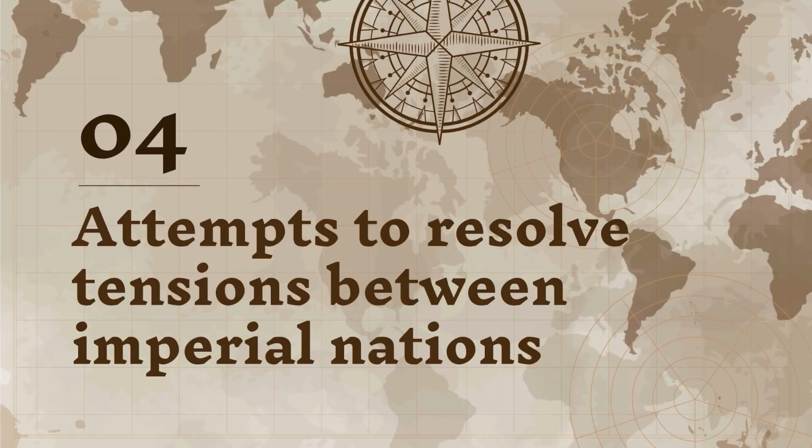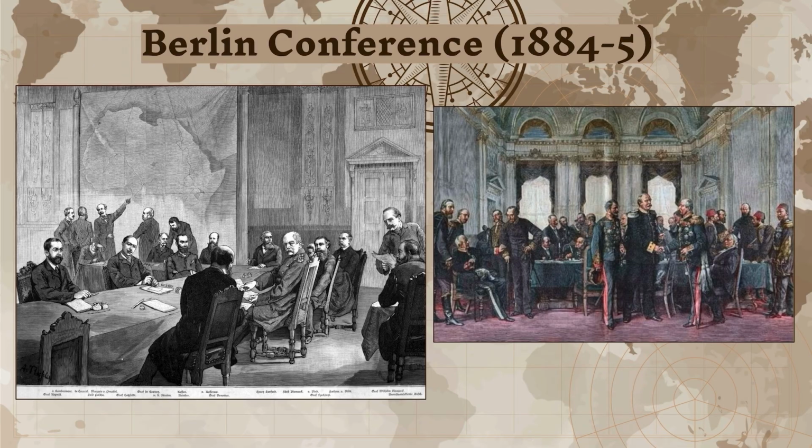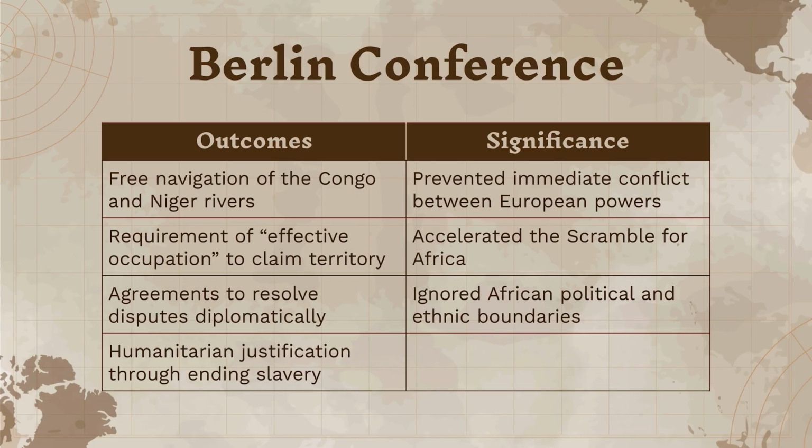Now on to the attempts to manage imperial rivalry. The Berlin Conference, organized by Otto von Bismarck, who was a German ruler, aimed to regulate the division of Africa. Some of the key outcomes included free navigation of the Congo and Niger rivers, requirement of, quote, effective occupation to claim territory, basically whoever came there first was the country that claimed the territory, agreements to resolve disputes diplomatically, and humanitarian justification through ending slavery.